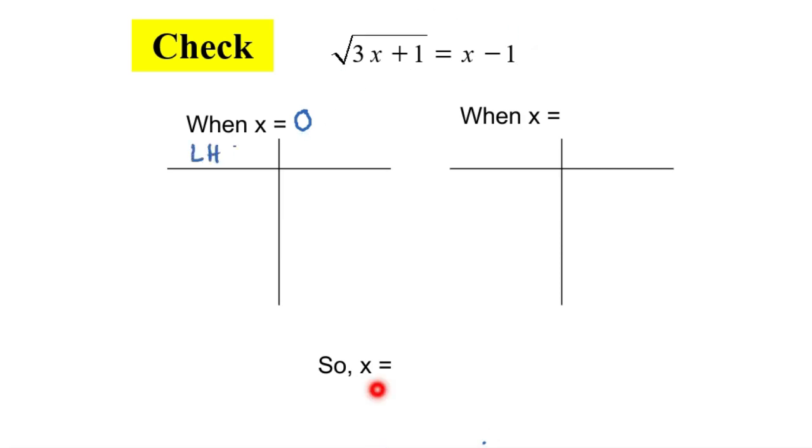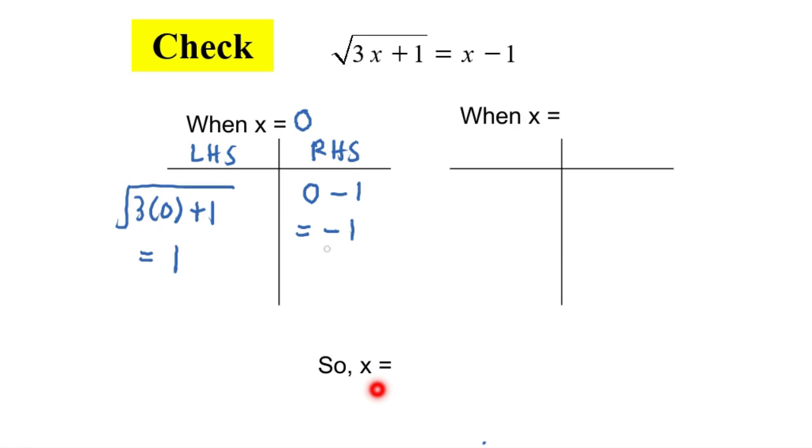On the left hand side, I have the square root of 3 multiplied by 0 plus 1. Then simplifying this, I'm going to get 1. And on the right hand side, I replace x with 0. 0 minus 1 equals negative 1. Since both answers are not equivalent, we reject x equals 0.